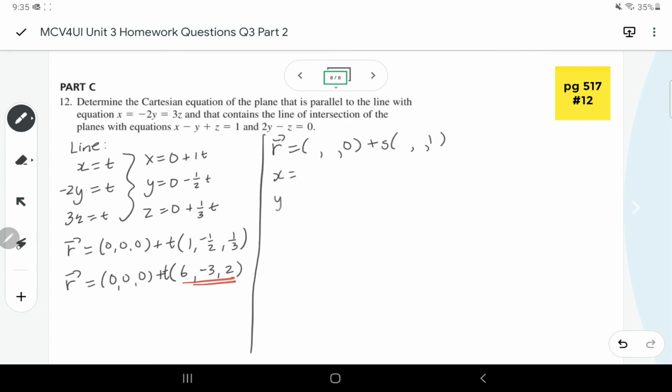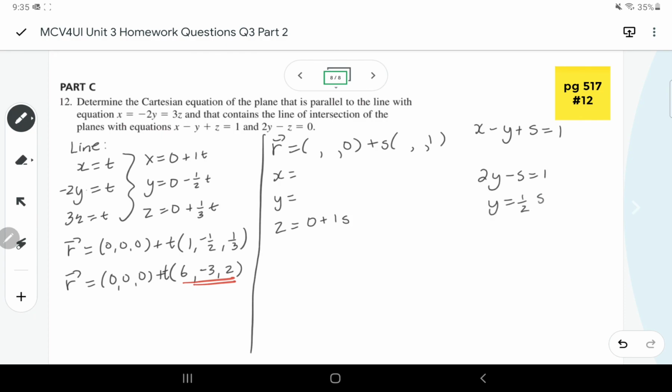So I know I have x equals, y equals, and z equals 0 plus 1s, or just s. Okay. So from these equations, I'm going to figure out what x and y are. x minus y plus s equals 1, and 2y minus s equals 1. So I can just solve this.